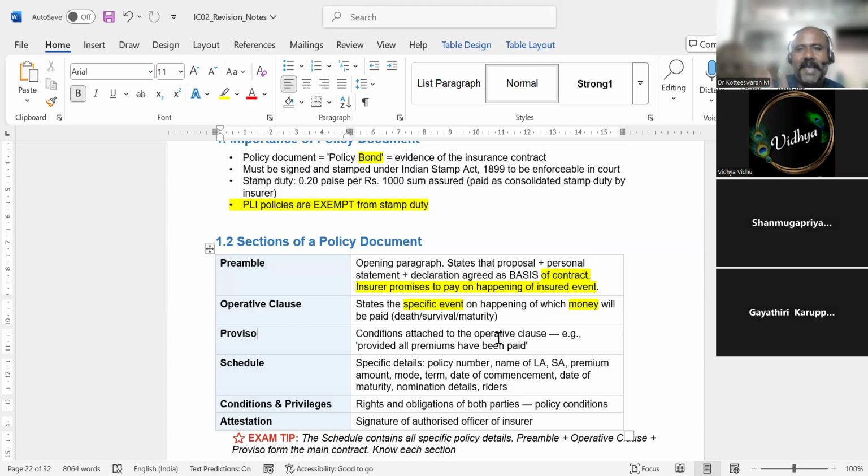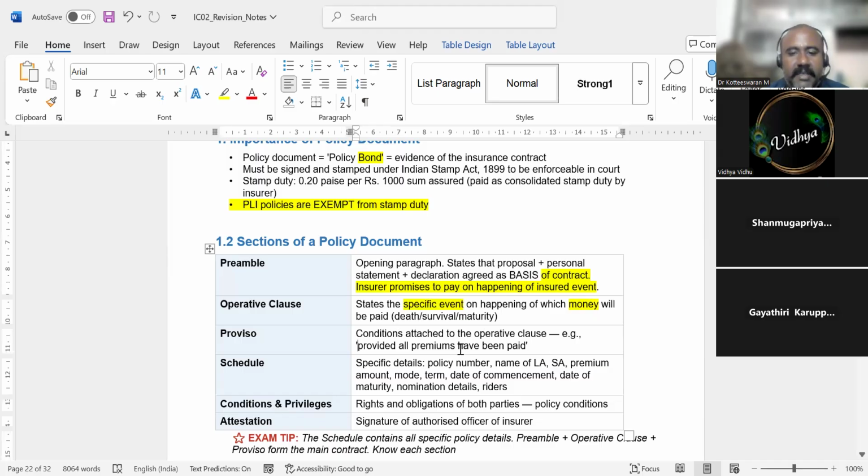If you are paying the premium regularly every year as applied, I'm going to pay you the claim. For example, every year you pay 10,000 rupees, and after 10 years, I'm going to pay you back 2 lakh rupees. So this is called the proviso, the condition attached to the operative clause.